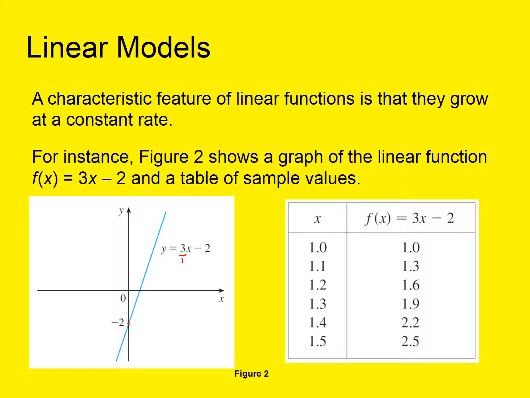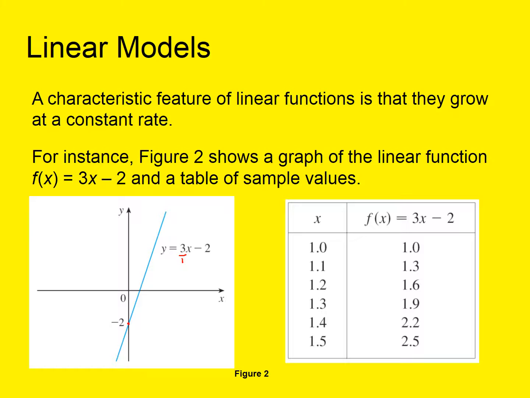For every unit increase in x, there are 3 units of increase in y. For every 1/10 of a unit increase in x, there are 3/10 of a unit of increase in y, which is f of x, as you can see from the table.